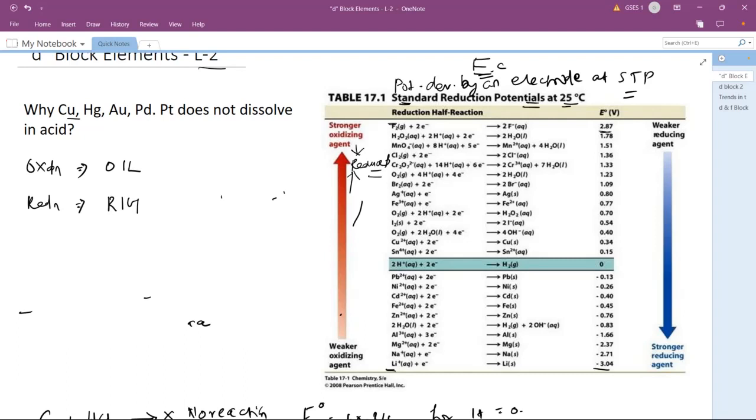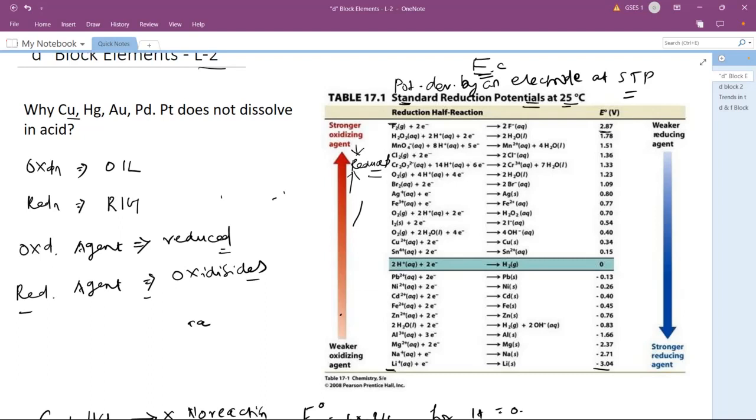An oxidizing agent facilitates oxidation and itself gets reduced. A reducing agent facilitates reduction and itself gets oxidized.